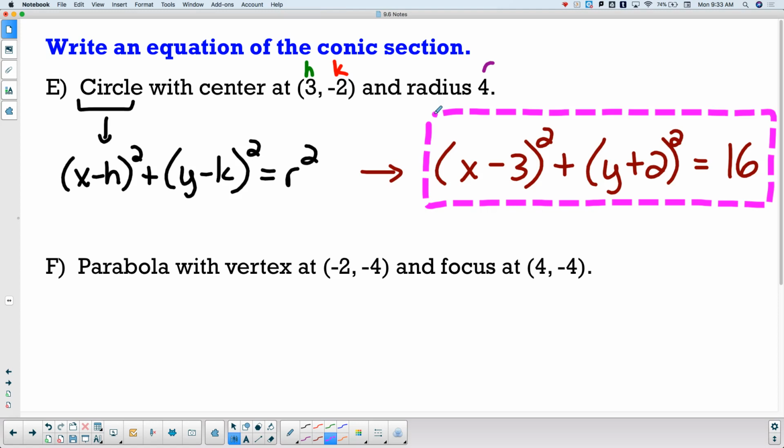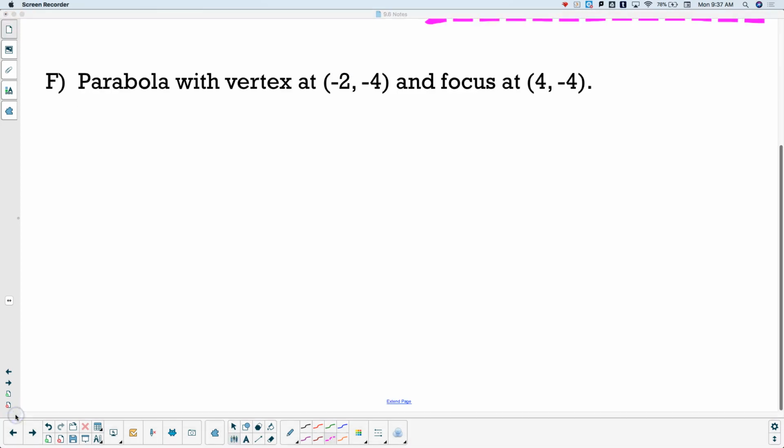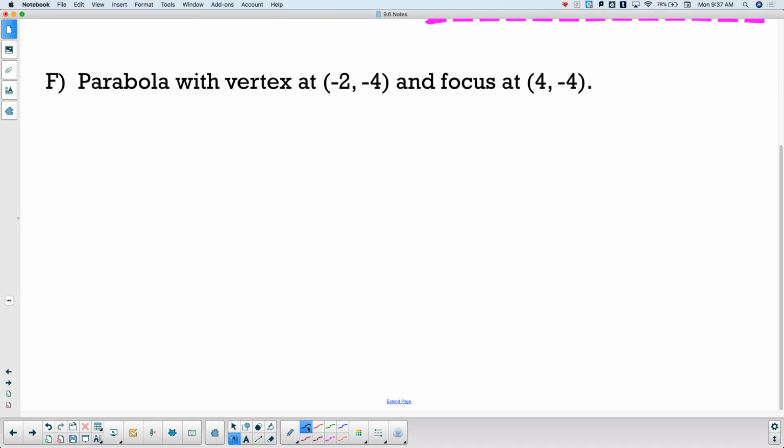All right, find me the equation of a parabola with a vertex there and a focus there. Go for it. All right, so I got a vertex. If I make myself a little chart, I got a vertex over here and a focus over there.